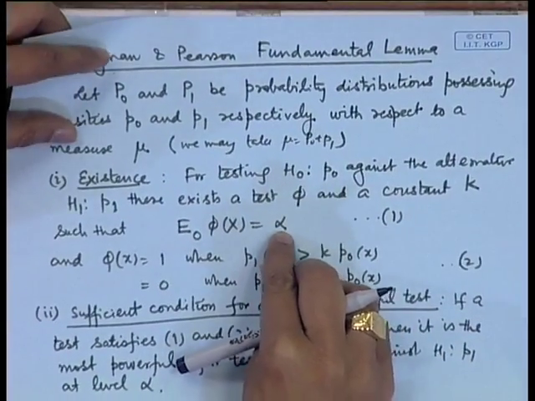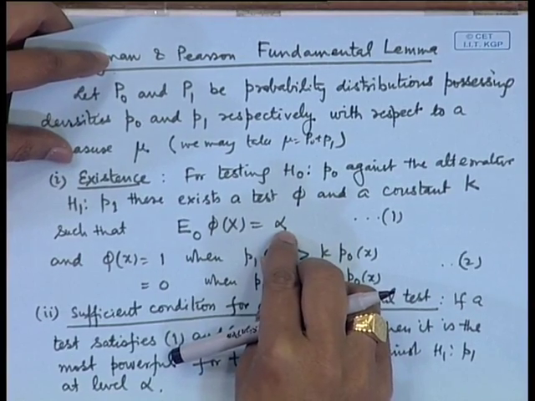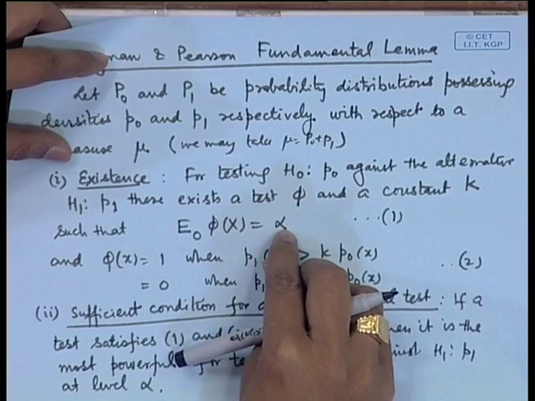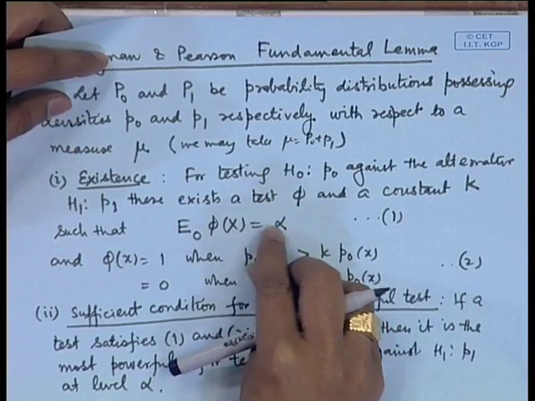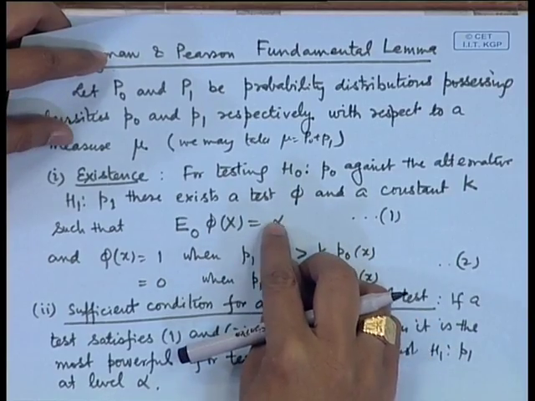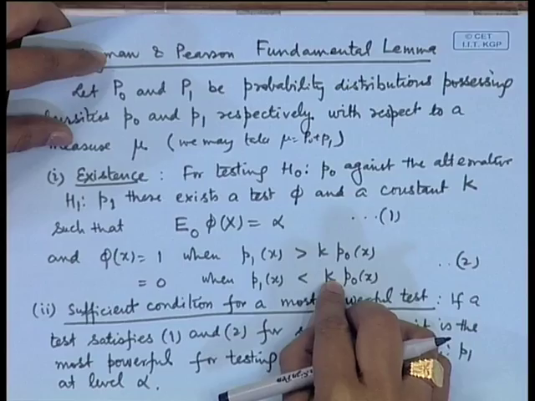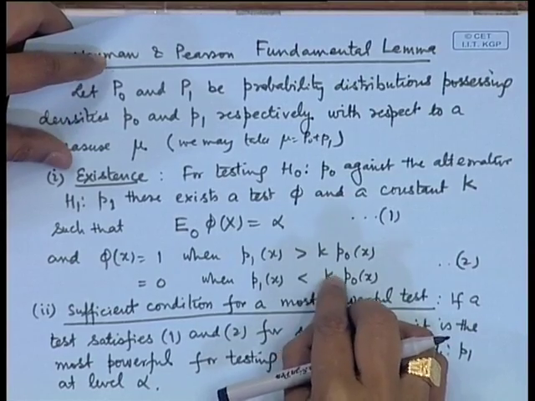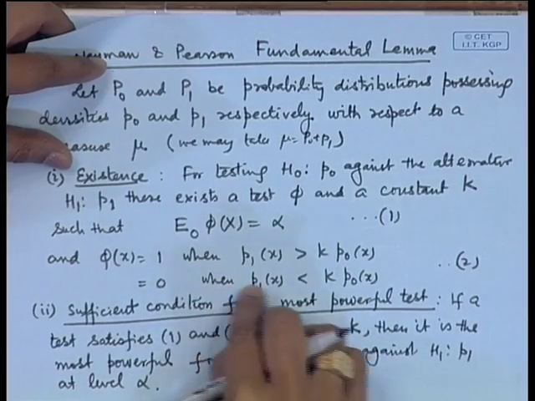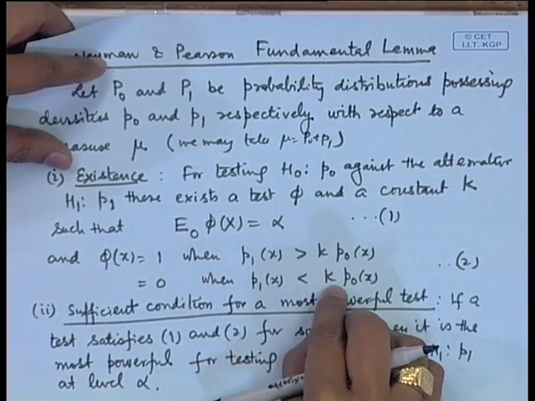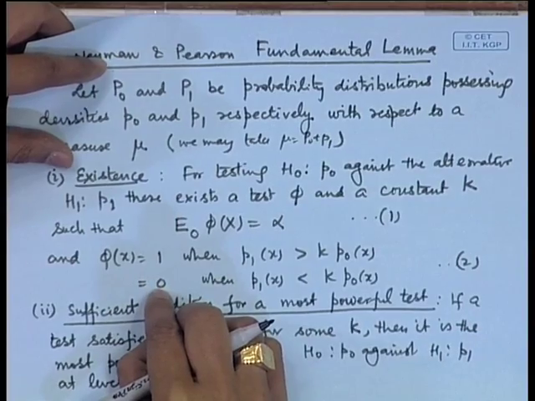When alpha is equal to 0, that means I want the probability of type 1 error to be 0. When will that happen? That means we should never reject. If we do not reject, then this value should be infinity. If this is infinity, then the right hand side is infinite. That means this condition, p 1 x is less than infinity, will always be true, and therefore you will always be accepting H naught.